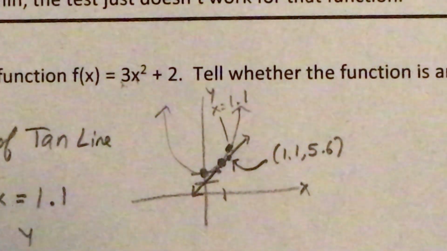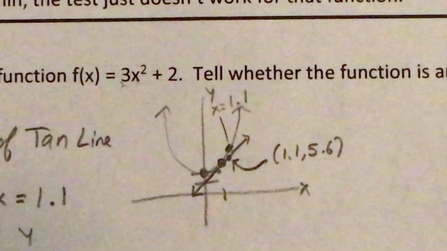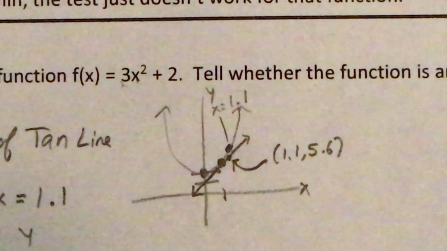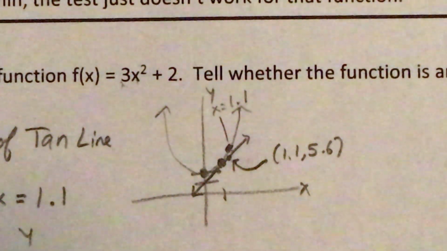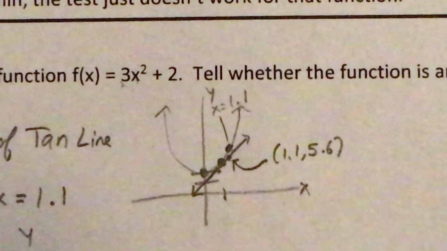So how do we know that we have an underestimate? We have an underestimate because our graph is this shape and the tangent line is below. So I'm going to draw something out for you, and this is going to work for all of your future pictures any time you do one of these.